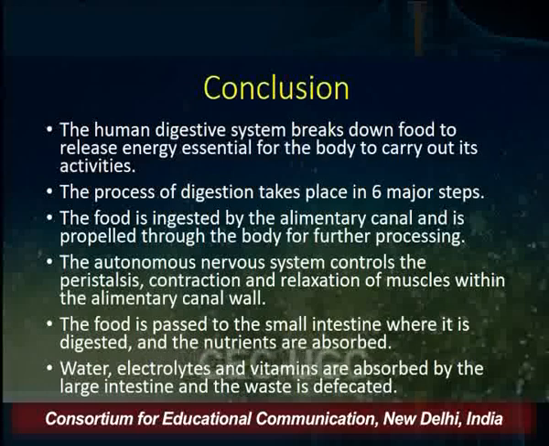The autonomic nervous system controls peristalsis, the contraction and relaxation of muscles within the alimentary canal wall. The food is passed to the small intestine where it is digested and the nutrients are absorbed. Water, electrolytes and vitamins are absorbed by the large intestine and the waste is defecated.